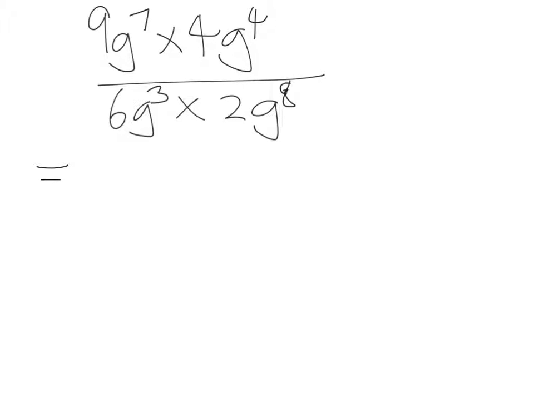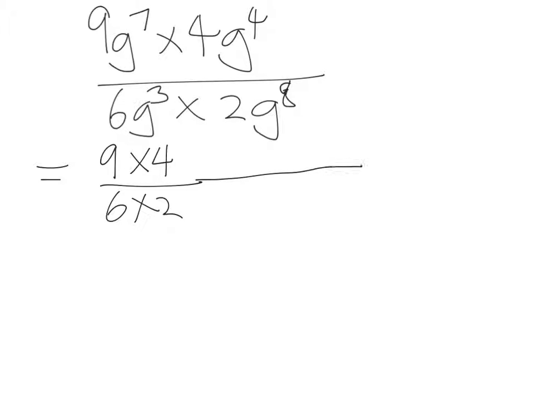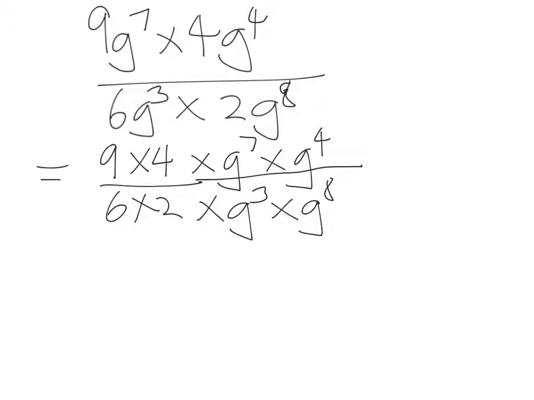So for all of those numbers that are there, I've got 9 times 4 divided by 6 times 2. I look at the g's that are left. We've got g to the power 7 times g to the power 4 times g to the power 3 times g to the power 8.